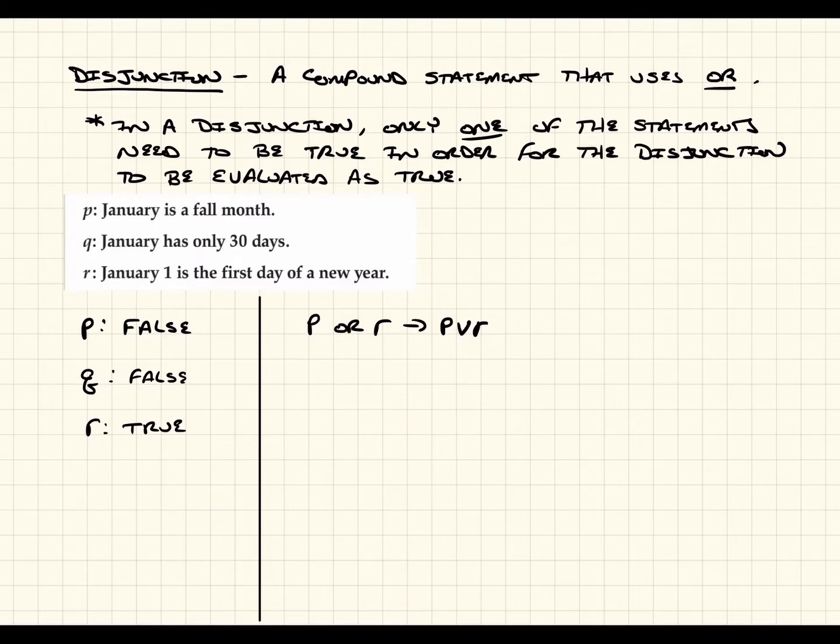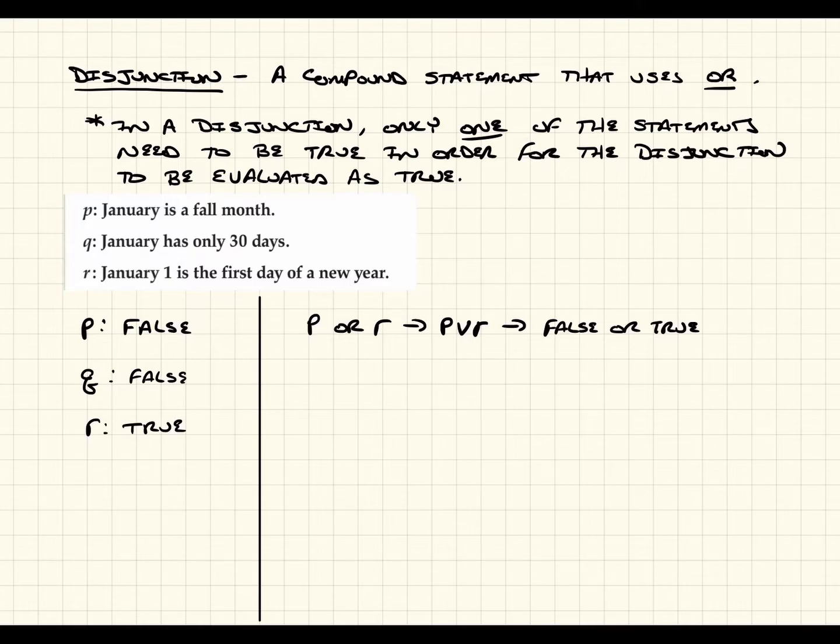And we evaluate the individual statements that make up the disjunction. We know that P is false, but we also know that R is true. So we basically have a situation where one of our statements is false, but one is true. We can evaluate that as false or true.